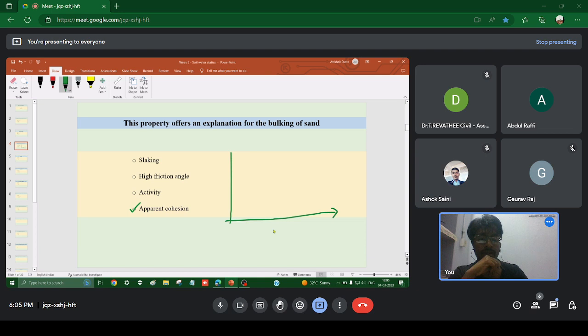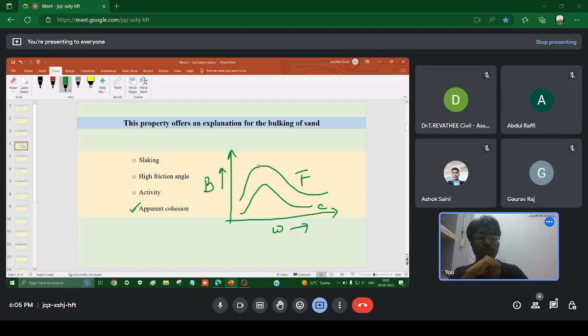If here we put moisture content in percentage and here we put bulking, that is volume increase, in percentage, we'll see that the graph will be like this. This is for coarse grained soil, and this is for fine grained soil.